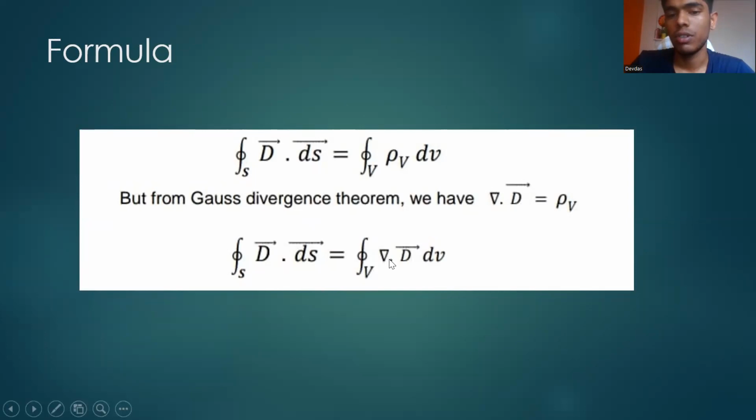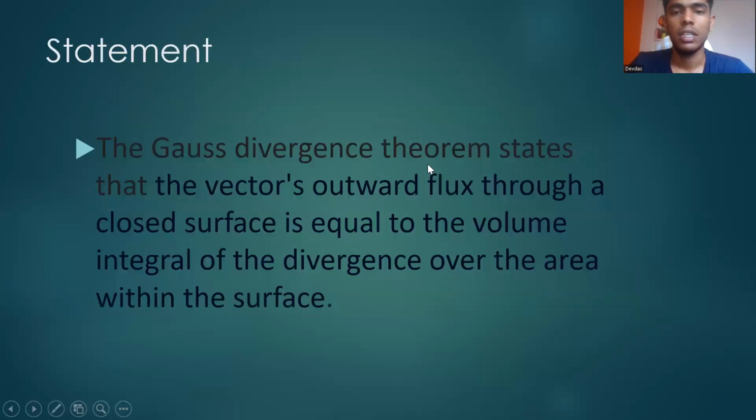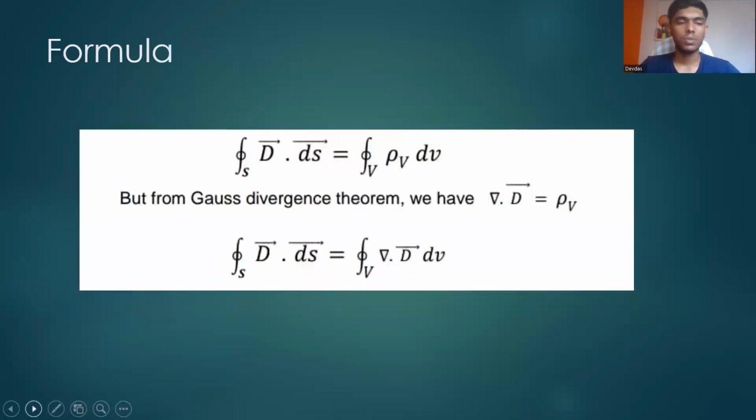So del dot D, that is the divergence of the flux density. So the volume integral of this divergence is equal to the enclosed surface integral of D. This is the outward flux within the closed surface.